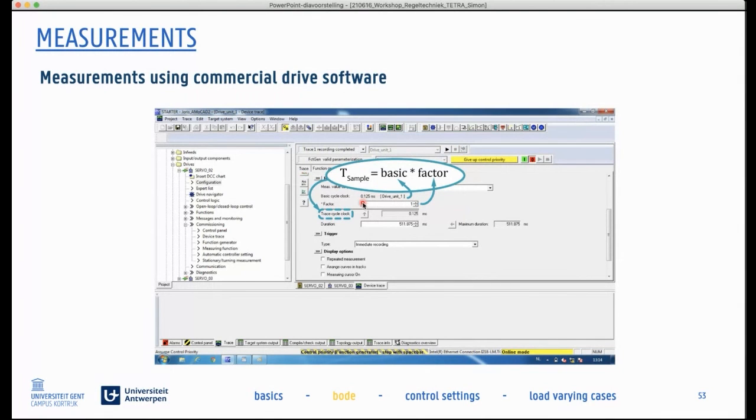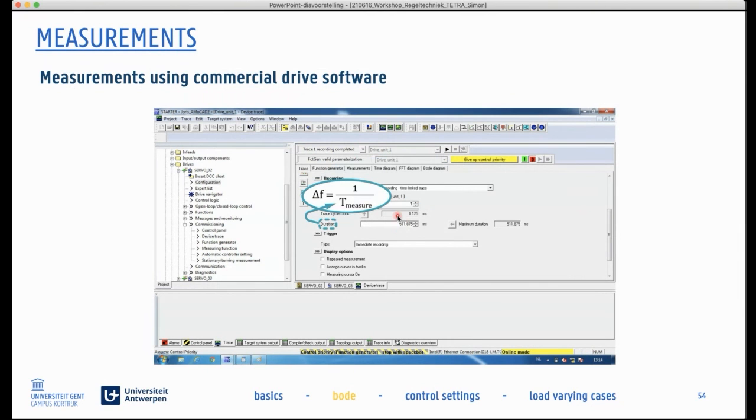The sample time is always an integral amount of times the basic cycle clock. Your controller runs at 0.125 milliseconds, which means that your actual sample time has to be an integral amount of times the basic cycle clock, and then you get here the trace cycle clock.